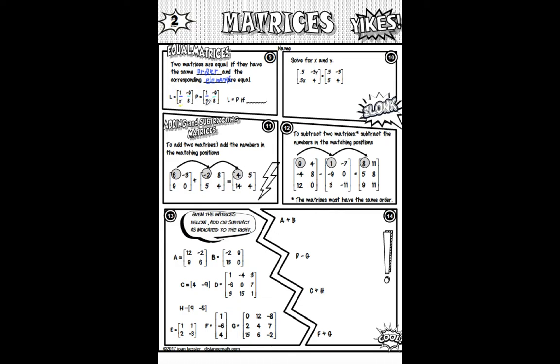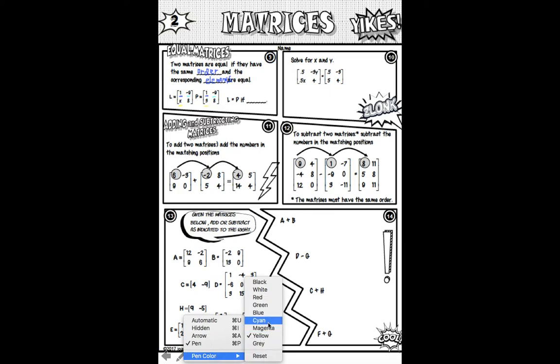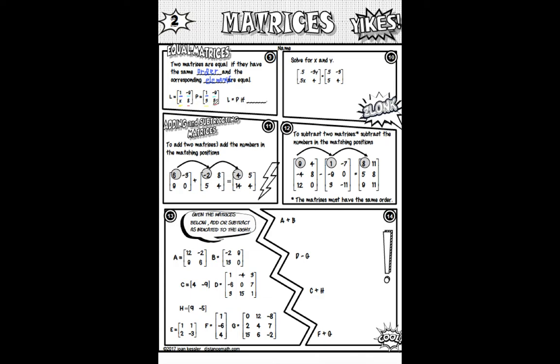X is in the same position as 3. And 8 is in the same position as 8. So corresponding, those two colors, so here and here, have to match and have to be the same number. So 1, of course, equals 1. -9 equals -9. 8 equals 8. So if I want these two matrices to be equal, X has to equal 3.